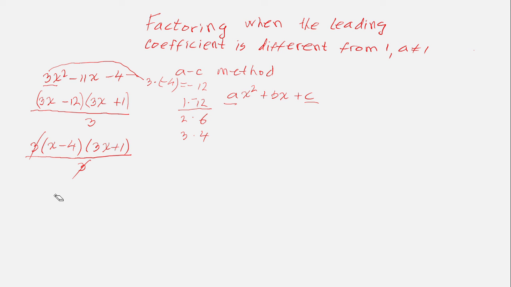So now these 3's cancelled out, divided out, what we have is x minus 4 times 3x plus 1. And that will be our answer.